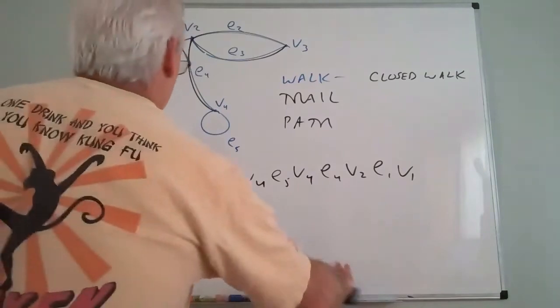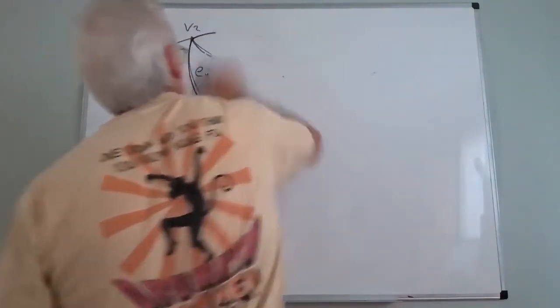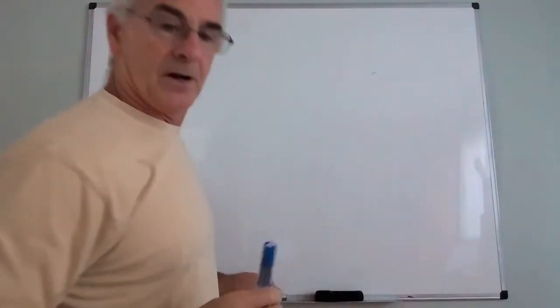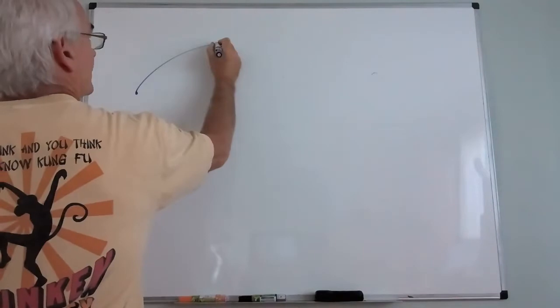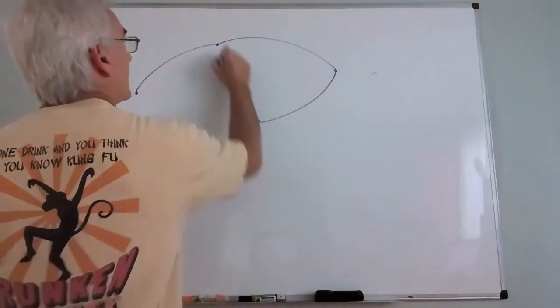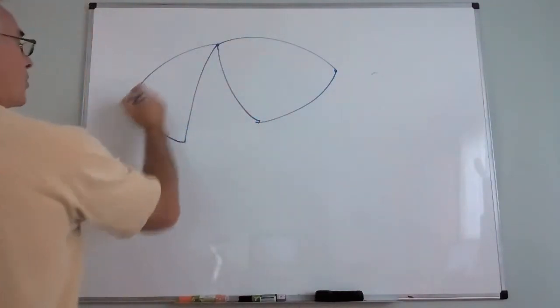So now, let me make it a little bit more elaborate. Let's keep it really simple. I'm going to here, to here, to here, back to here, and maybe I'm going to here, and then back to here.